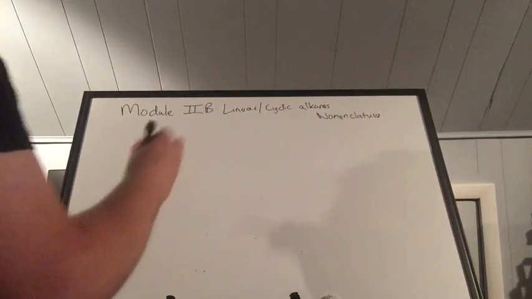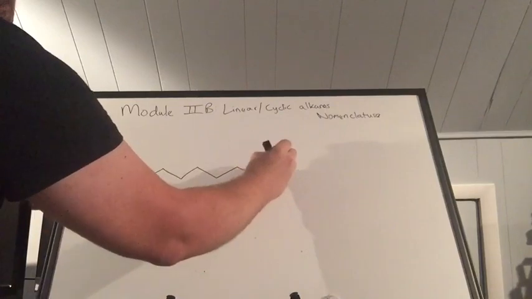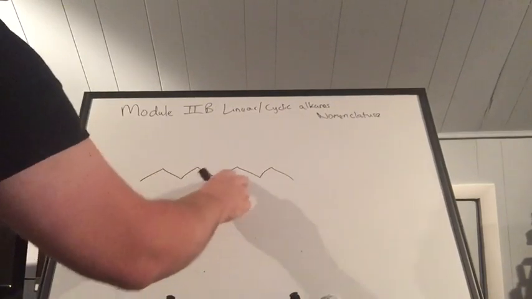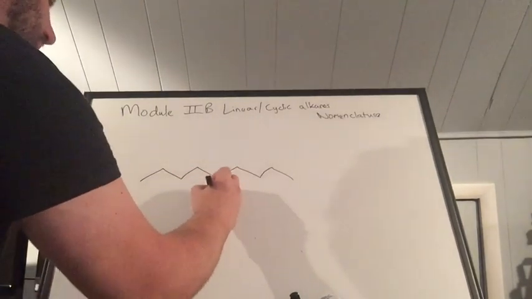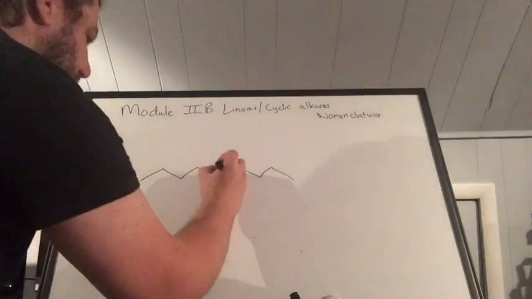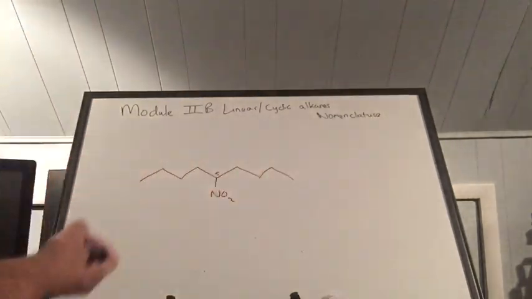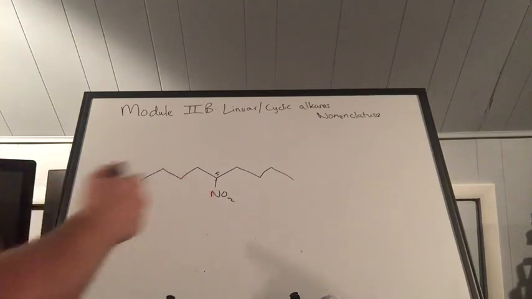Okay, so if we take 1, 2, 3, 4, 5, 6, 7, 8, 9. We take this nitro group and place it right smack dab in the middle. It's going to be at 5. So it really doesn't matter which side we count it from. It's always going to be NO2 at the 5 position. So this is going to be a nitro group.